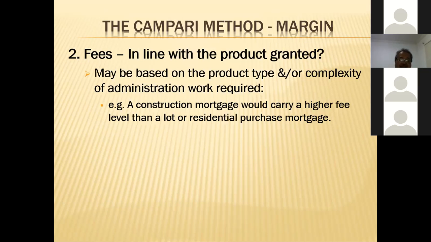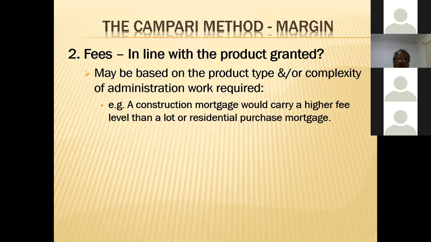So as a result, we would charge a higher fee on the construction mortgage because of the ongoing administrative work associated with drawing it down. Okay, so whereas a lot or residential purchase mortgage may be just a one-time thing, we draw it down, put the loan on the books, the customer starts paying the next month.